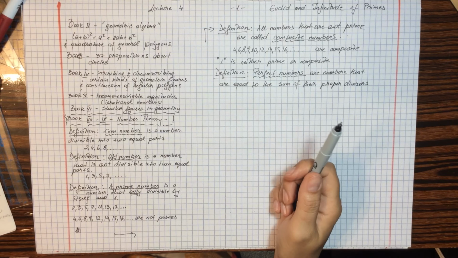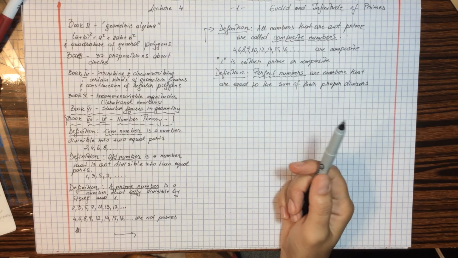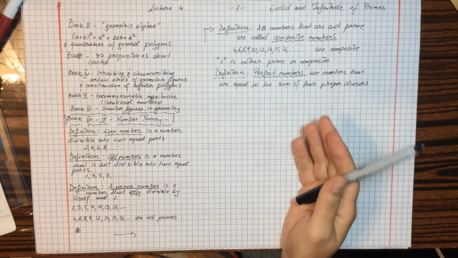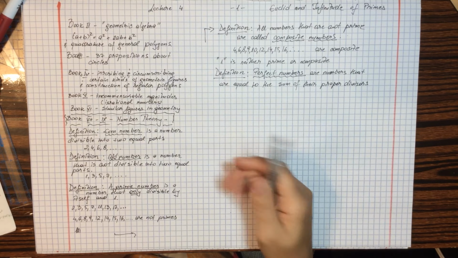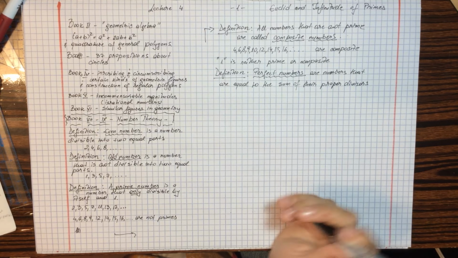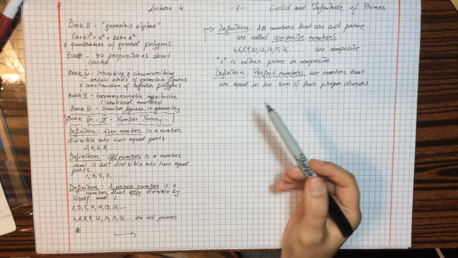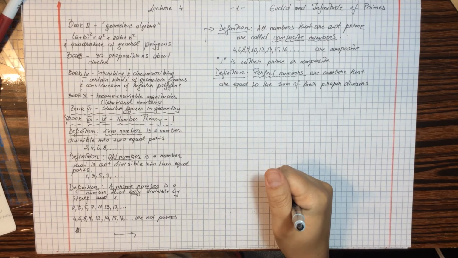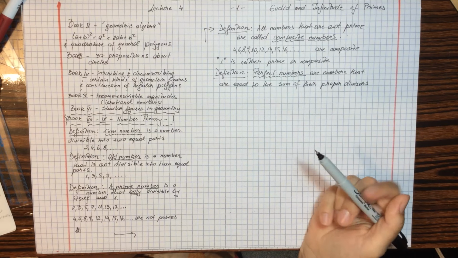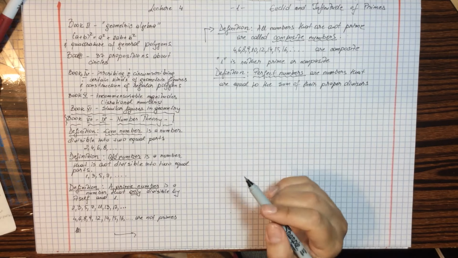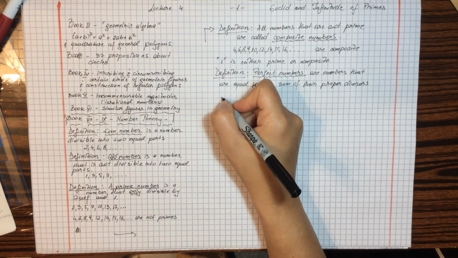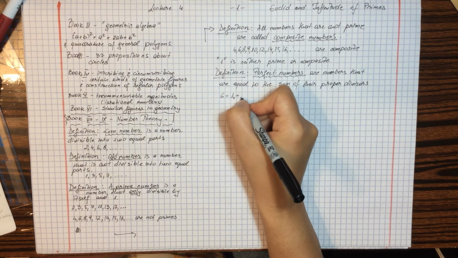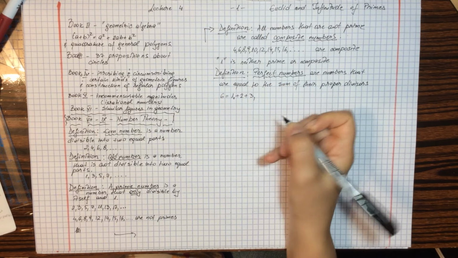Proper divisors of 4 are 1 and 2, but 4 is not equal to 1 plus 2. What about 5? Again, the proper divisor of 5 is 1, and 5 is not equal to 1. What about 6? Proper divisors of 6 are 1, 2, and 3, and if you add 1 plus 2 plus 3, you actually get 6. So 6 is the first perfect number we have. 6, for example, is equal to 1 plus 2 plus 3.